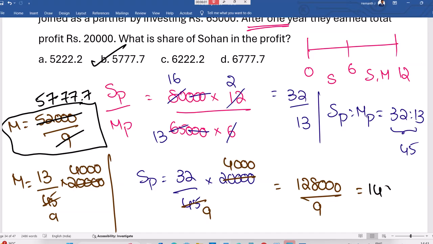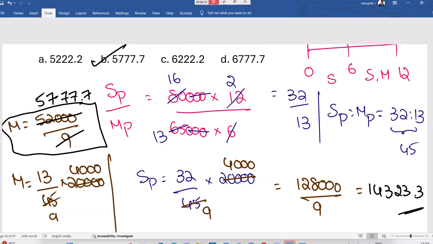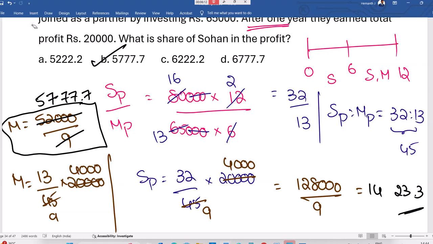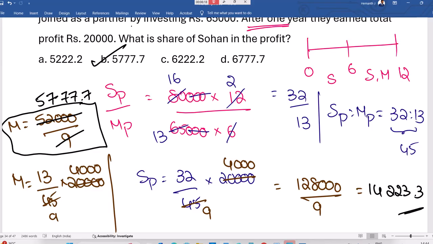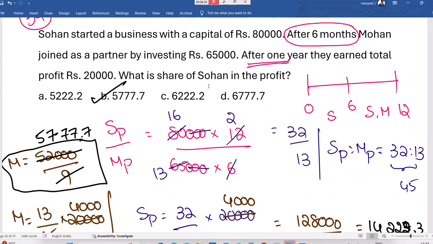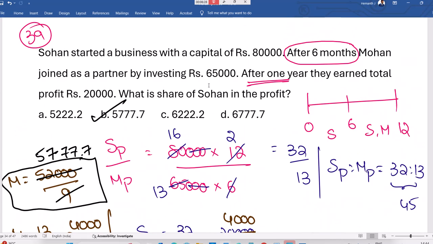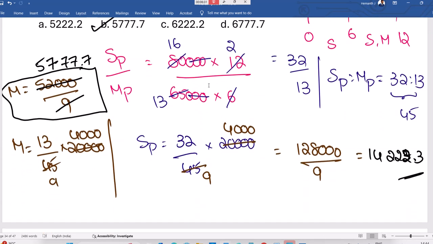So 14,323.3, 223.3. But the question is regarding Mohan; we have to consider there is a mistake in the question. You act gently and handle the question in a better way.